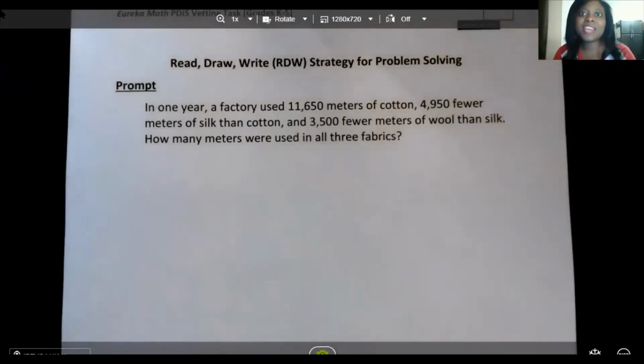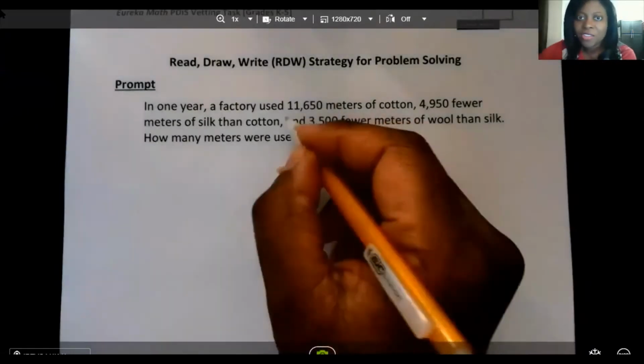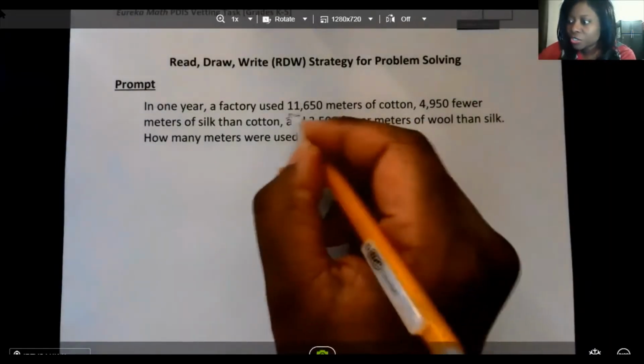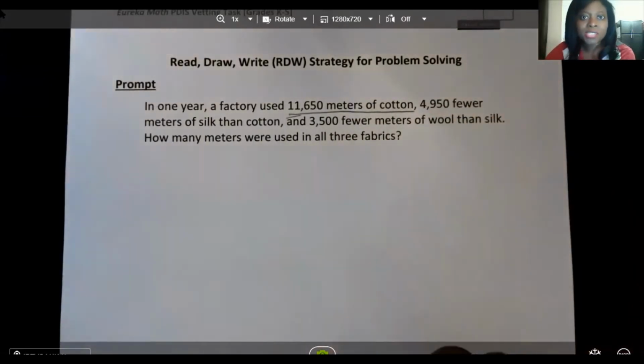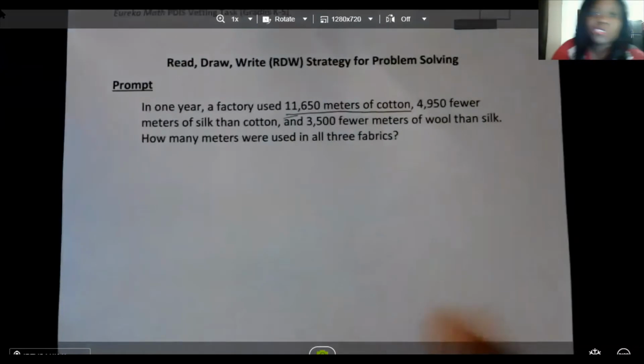Excellent. I see in the chat box that you see 11,650 meters of cotton. And some things that we noticed that we could draw is we could draw a place value chart. We could draw the tape diagram. Excellent, excellent. So we're going to use the tape diagram as well as the place value chart today.